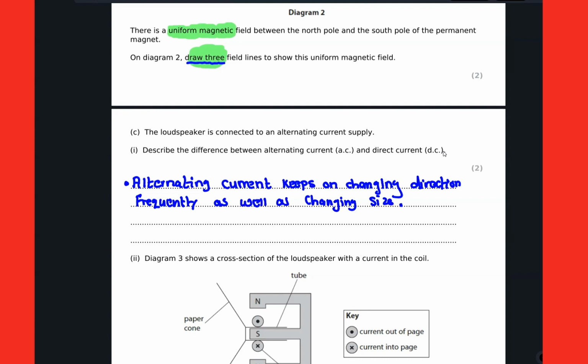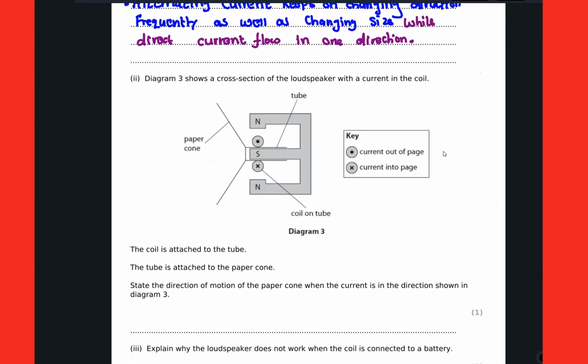It keeps changing direction and size, while direct current usually flows in one direction, and this is the type of current that is provided by cells and batteries.